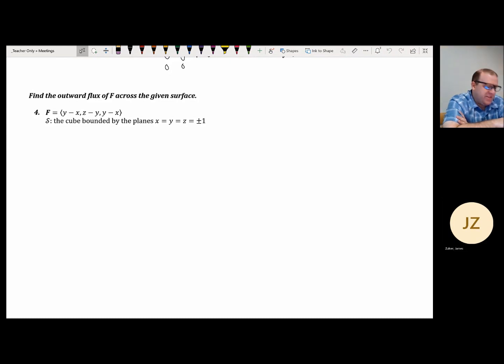This is just shorthand for saying x is plus or minus 1, y is plus or minus 1, z is plus or minus 1. Notice we could have also written this as the cube [-1, 1] cross [-1, 1] cross [-1, 1]. Same thing.